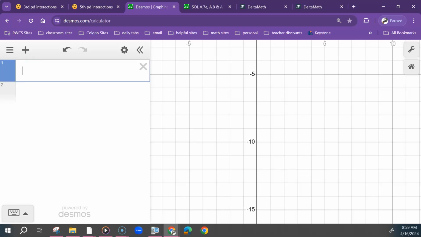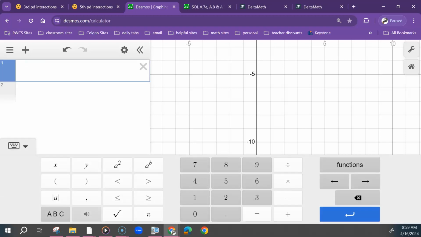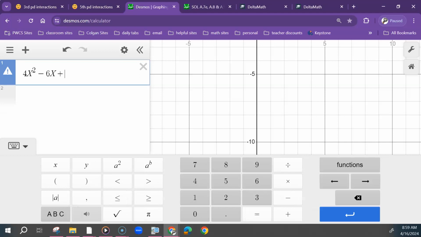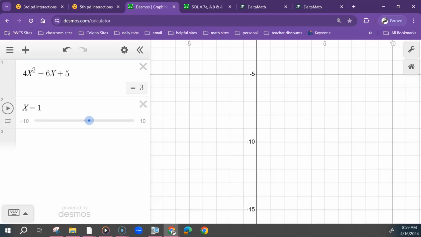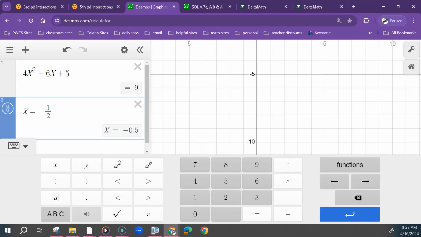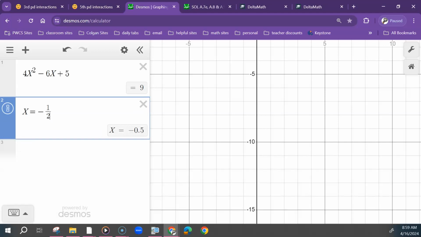This time I'll put it in as capital X. And then I'm going to add in the slider and change this to -1/2. Sorry. So then with all the x's, this would be -0.5.